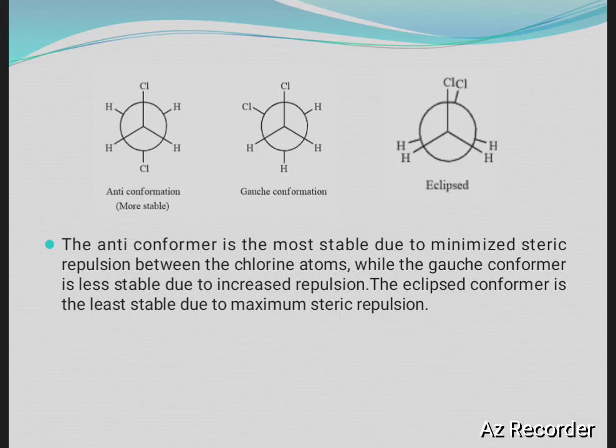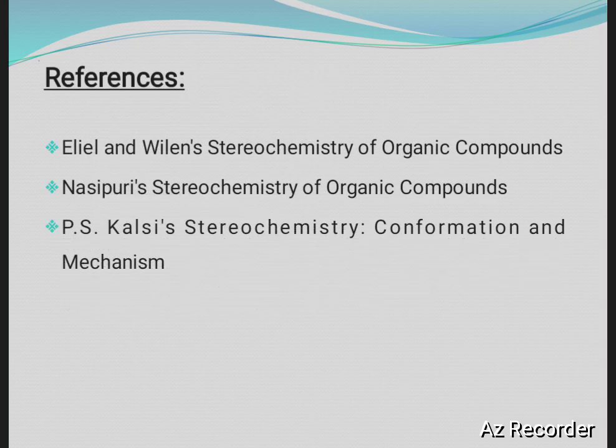the conformational analysis of 1,2-dichloroethane. By the end of this session, we came to know about the conformational isomers, conformational analysis of ethane, conformational analysis of 1,2-dichloroethane.